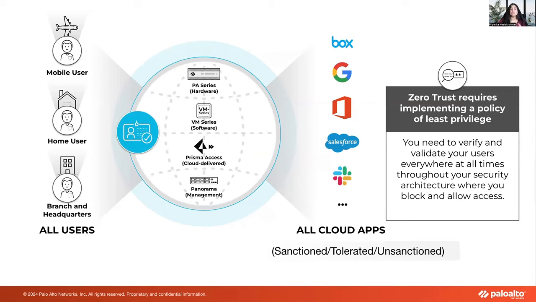By assuming that no entity, whether inside or outside the network perimeter, is inherently trustworthy, and by implementing strict security controls based on the principles of least privilege, organizations can significantly enhance their security posture and better protect critical assets and data.